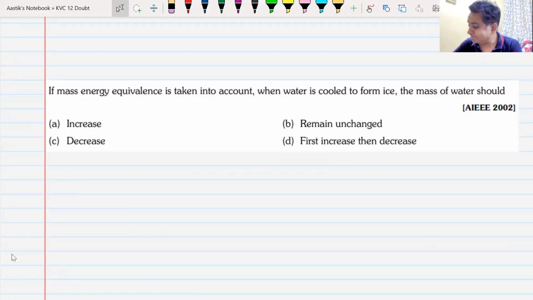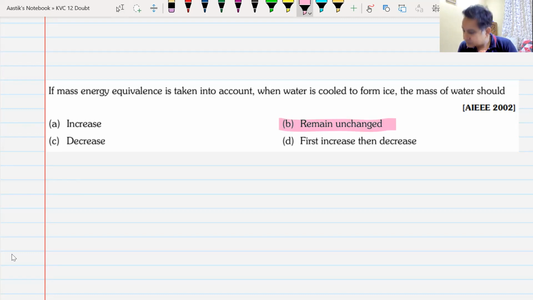Option B, sir. Option D, first increase, then decrease. What makes you feel so? Now remember, whenever we are changing the state of the body, the internal energy of the body changes.